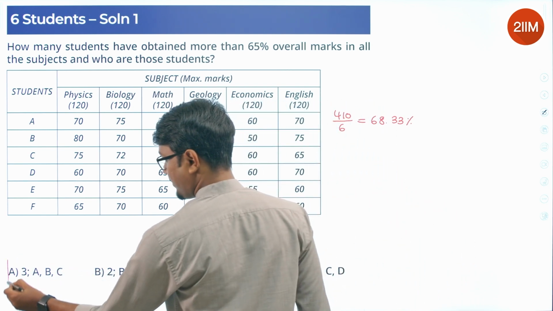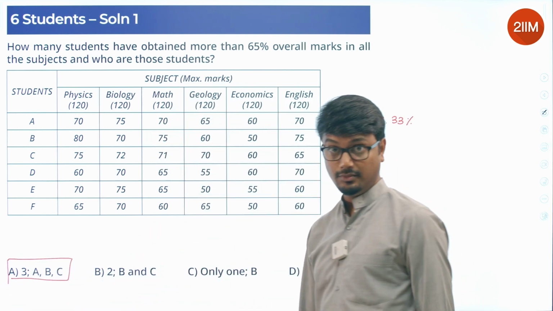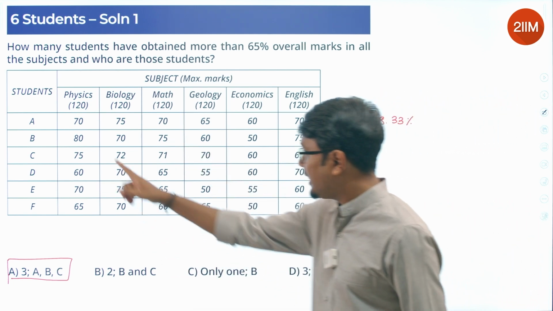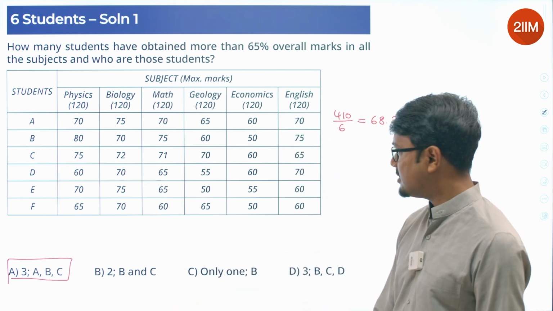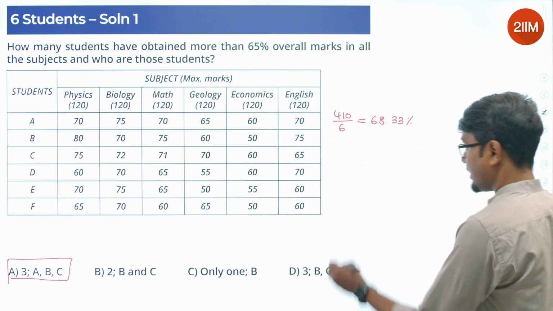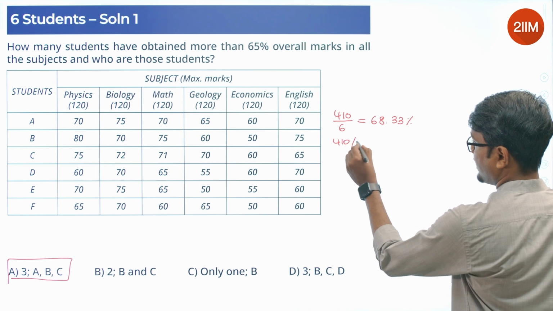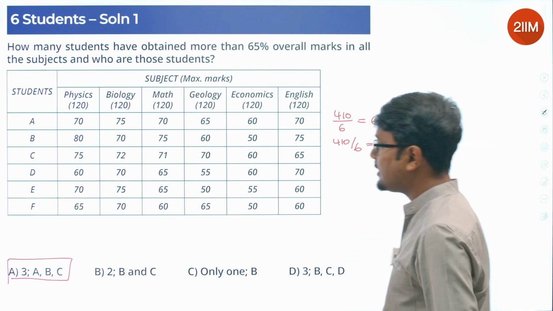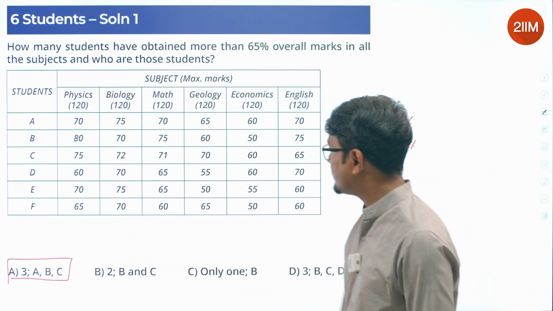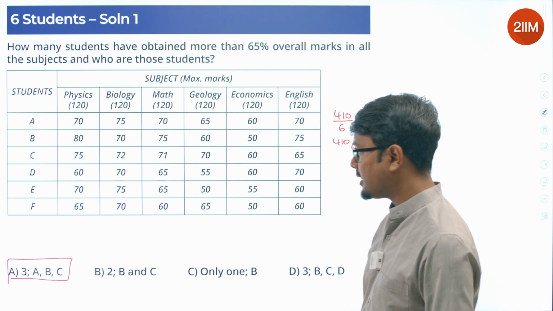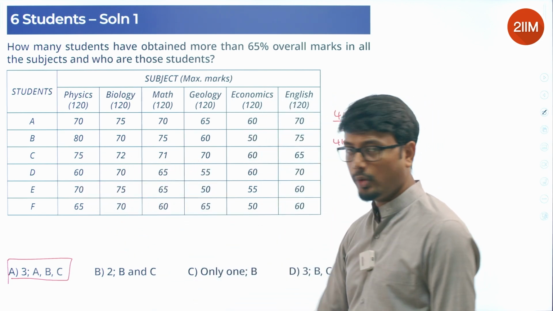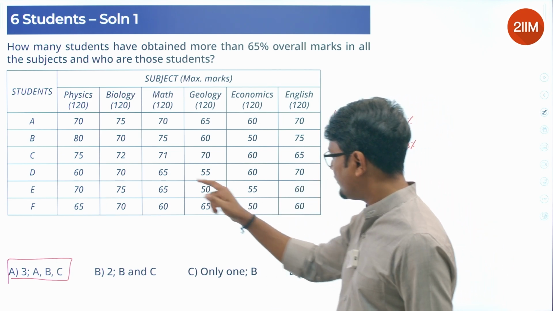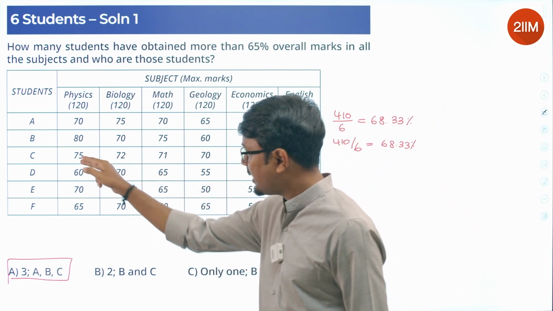The answer should be A, but we have to confirm with B, C as well. For B, marks are 75, 75, 150, 80, 70, 150, so 300, plus 110 is 410. Again 410 by 6, same 68.33. Now C: 75, 72, 71, 70, 60, 65. 7, 7, 7, 7 is 280, 6, 6 is 120, 400, 405, 406, 408 and 413.